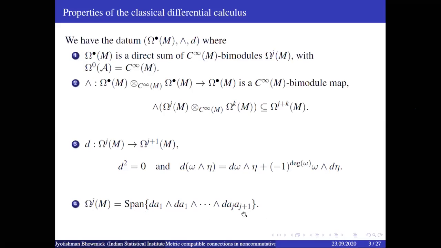So here, this a_{j+1} is a smooth function, and it has appeared on the right. But by the definition of the right action, this is actually a_{j+1} dA1 wedge, sorry, this should be dA2 wedge dAj.